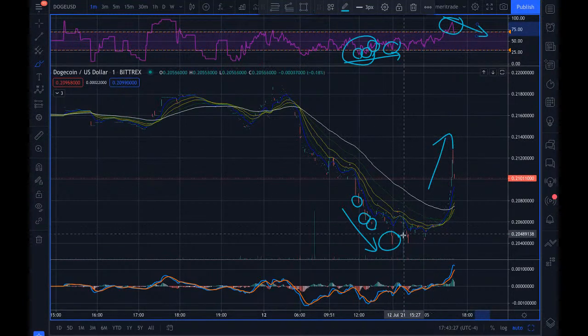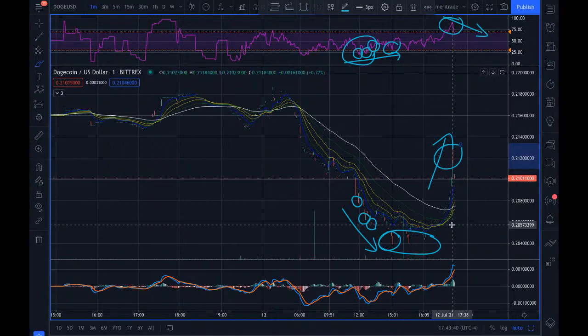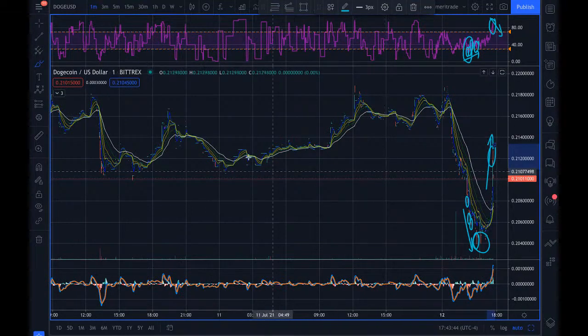Or you could just play it safe, and if you bought down here, you could have just looked to get out right there. But you could wait until we have more of a three-wave shape.